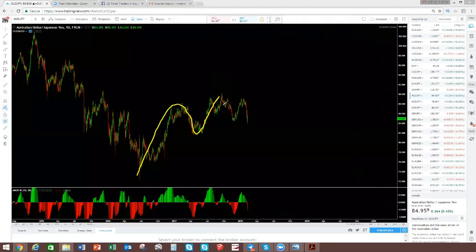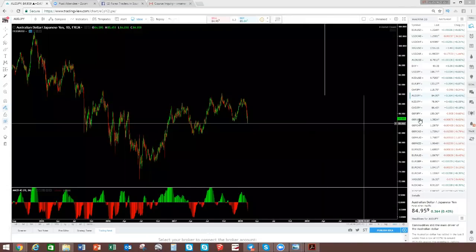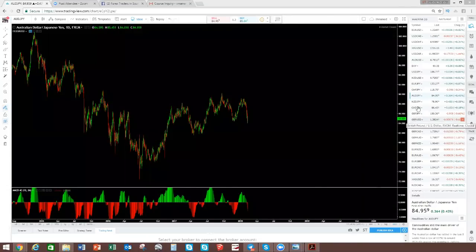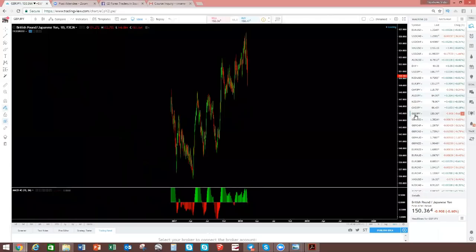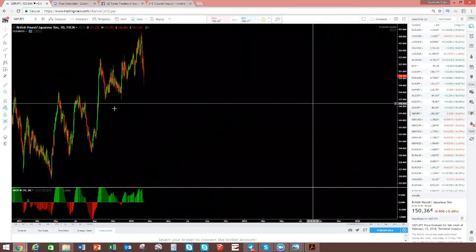Now we're getting this 1, 2, 3. We'll see whether we get a reversal here. Okay, keep an eye on that one. That's New Zealand CAD. I think that's all the yen pairs. We can now do all the pound pairs.